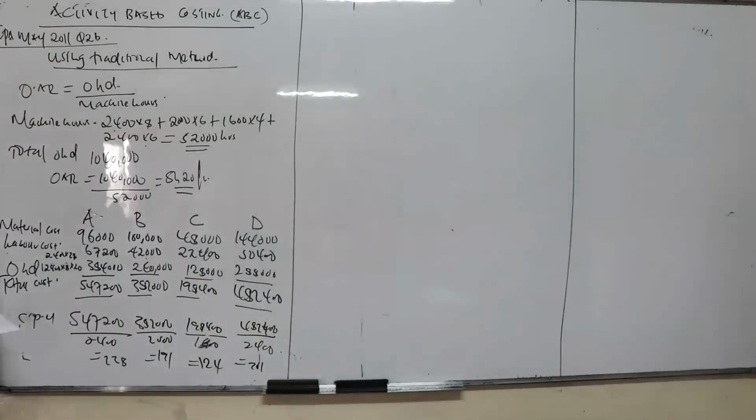Traditional method is where we have one rate for absorbing overhead across the products. But now when it comes to activity-based costing, ABC, overheads are determined based on the activity.